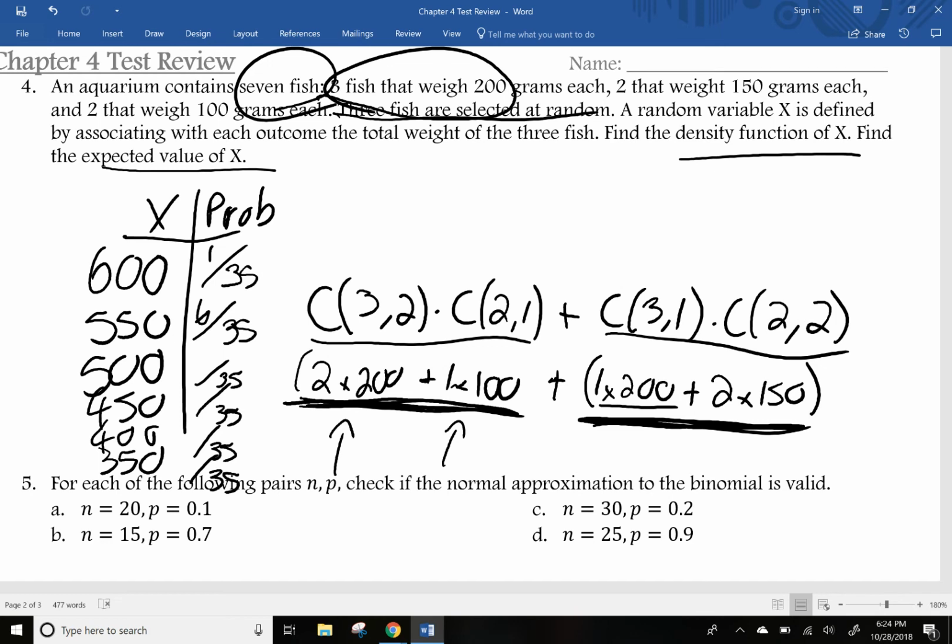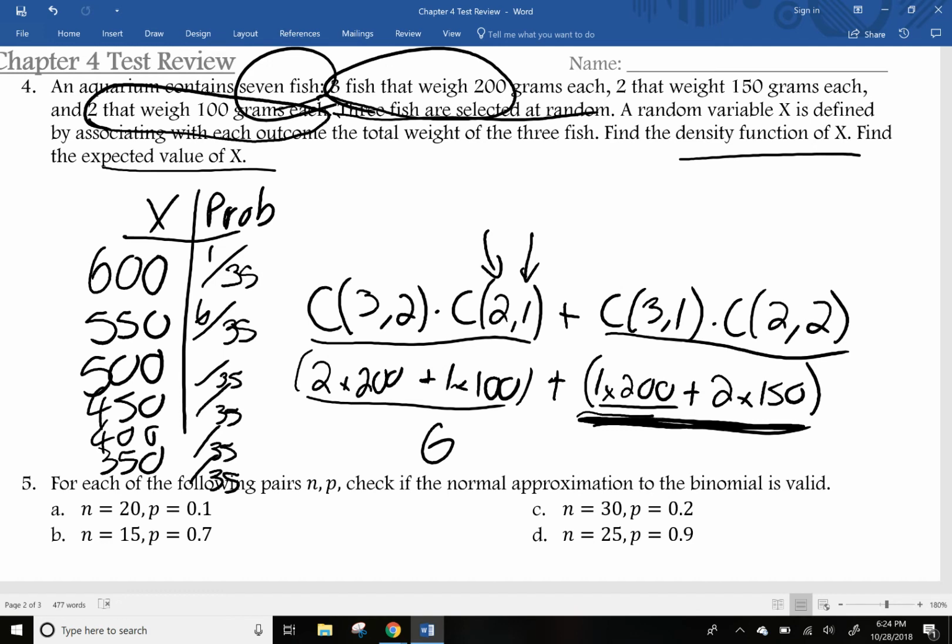There are 2 fish that weigh 100 grams, so that's where that 2 comes from, and you're picking 1 of them in this situation. So that's where those probabilities come from. When you multiply them together, that is going to be 6.